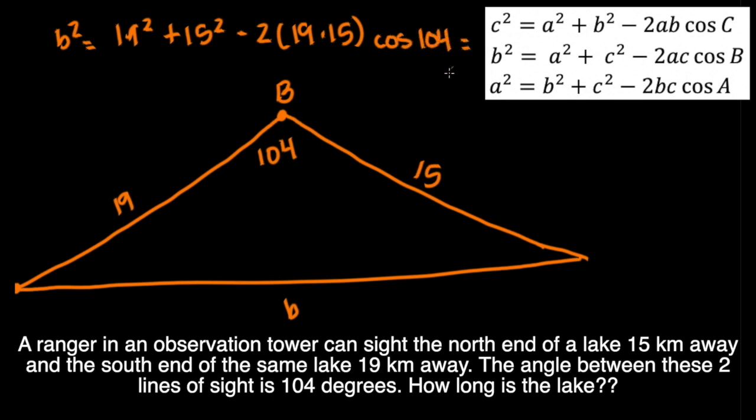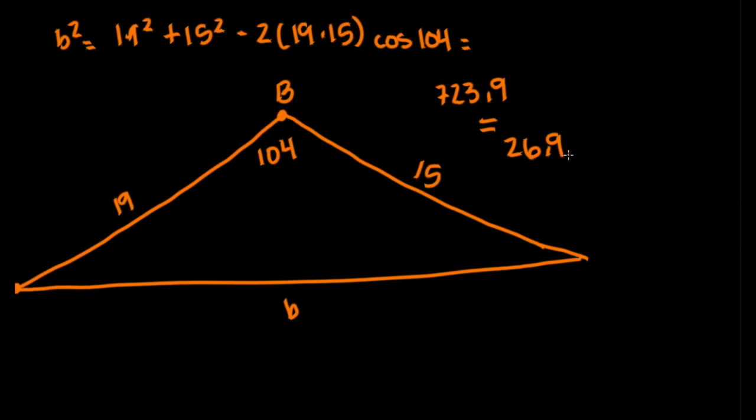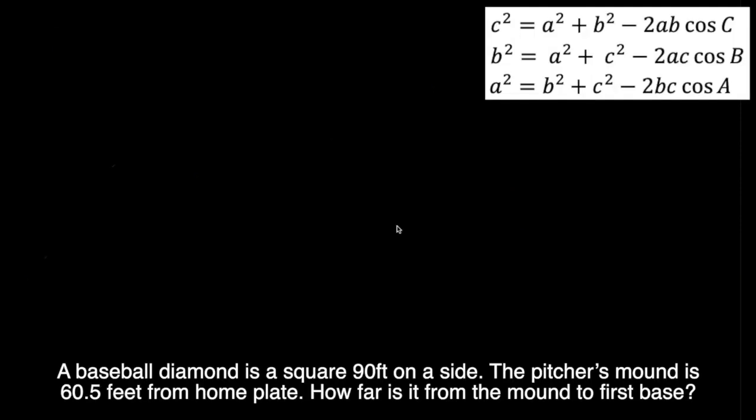If we plug all of this into our calculator, it comes out to about 723.9. However, we need to take the square root of this, so our final answer is going to equal about 26.9. So we know that the length from this point here all the way over to this point is about 26.9 kilometers.